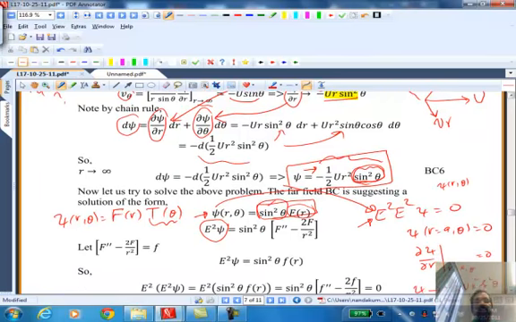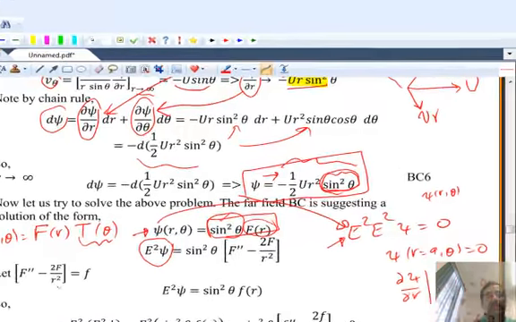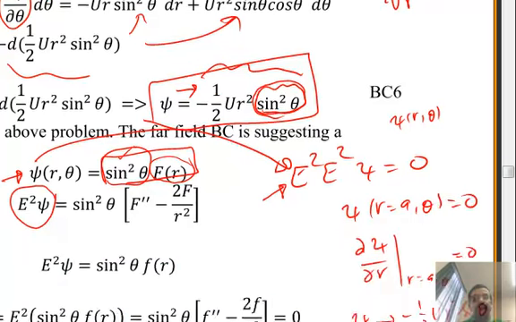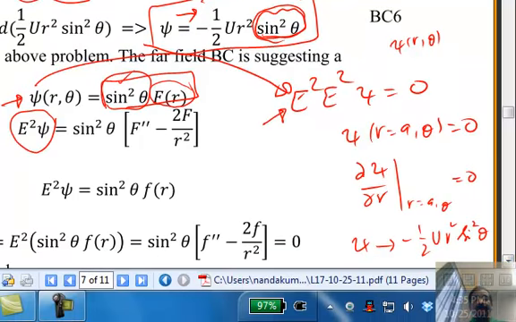That is E square, but what we want is E to the power 4. So I'm going to let f double prime minus 2f over r square equal lowercase f, another function, still a function only of r, because capital F is a function only of r, so its derivatives must also be functions only of r. So now I apply E square one more time.